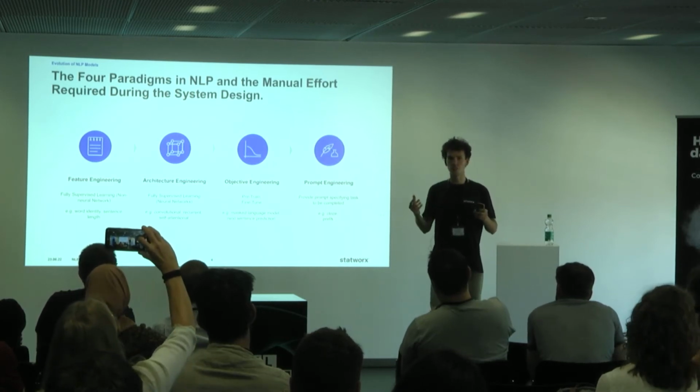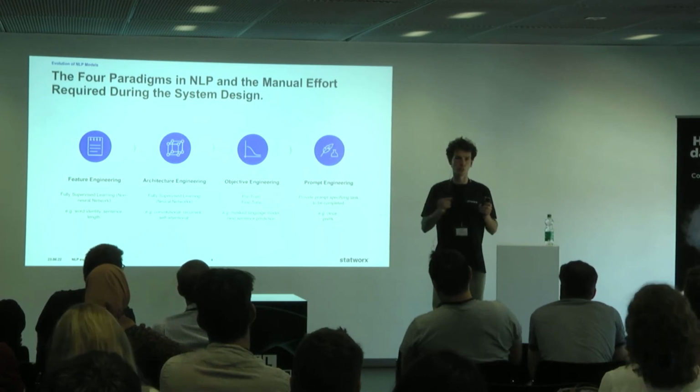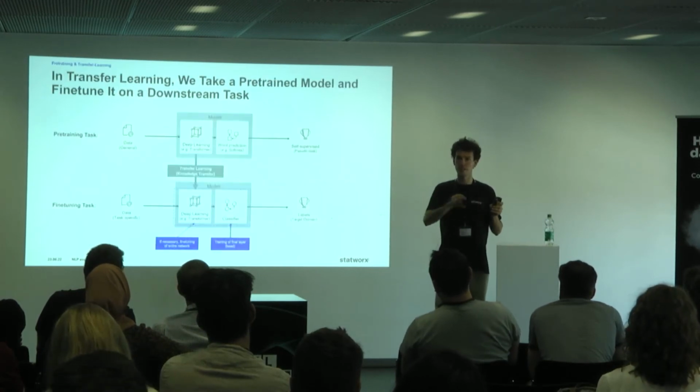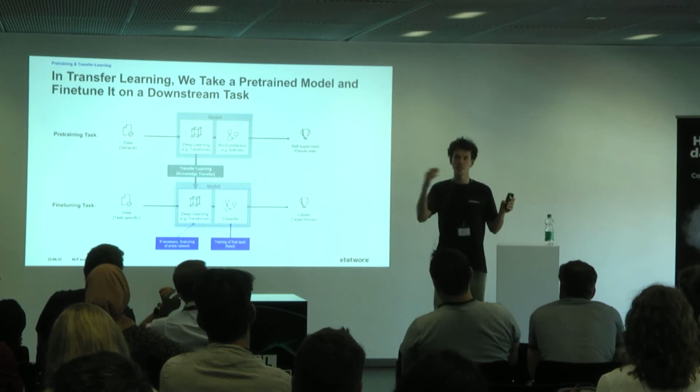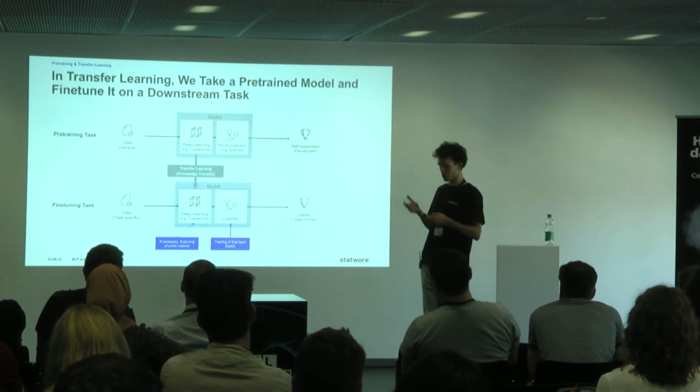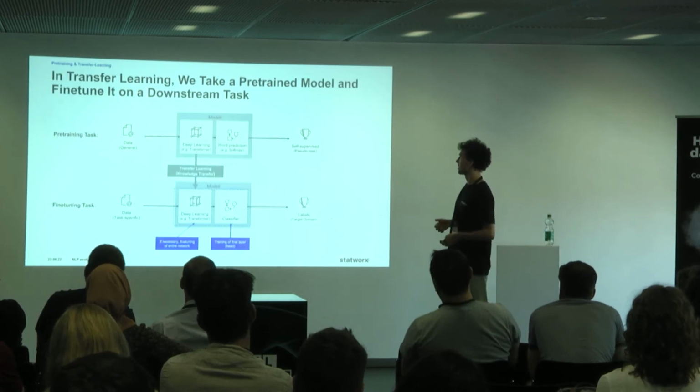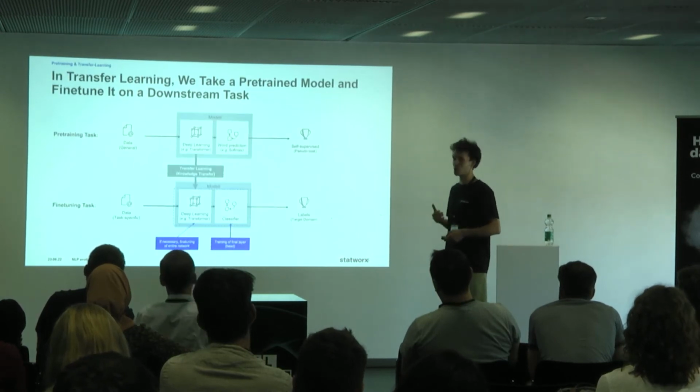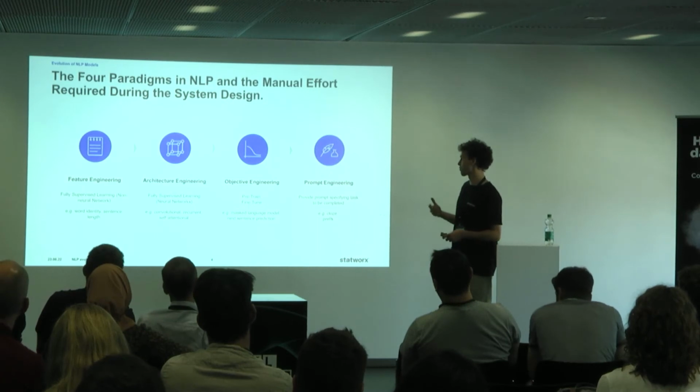Another thing might be next word prediction. So instead of masking a random word in the sentence, we try to predict the next word given a part of the sentence. So these are two different objectives that there are in natural language processing.